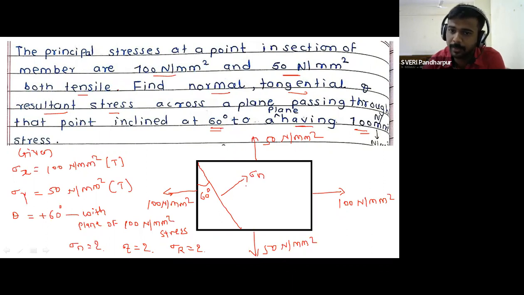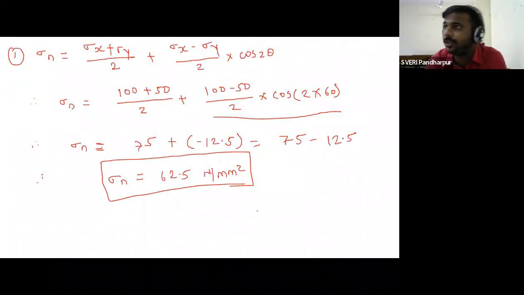So this is your sigma n, and this is your sigma t, and this will be your calculation. So sigma n is equal to 62.5 Newton per mm square. Then next, sigma t is equal to, what is the formula?